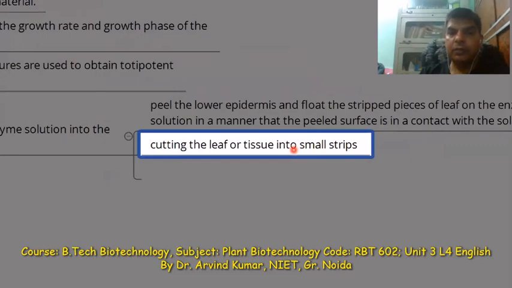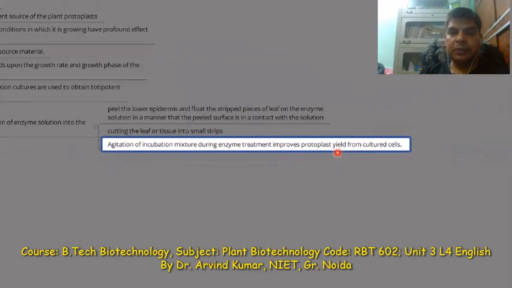Cutting the leaf or tissue into smaller strips will also help in attaining more contact of your material with the enzymes. Agitation of the incubation mixture during the enzyme pretreatment improves protoplast yield from the cultured cells. So these three ways are there.